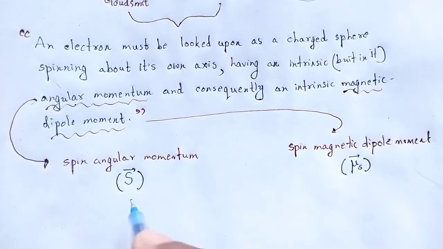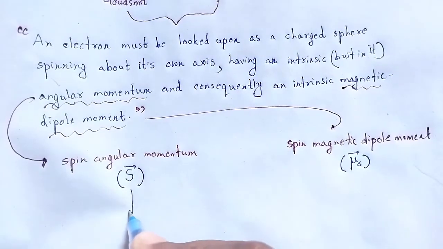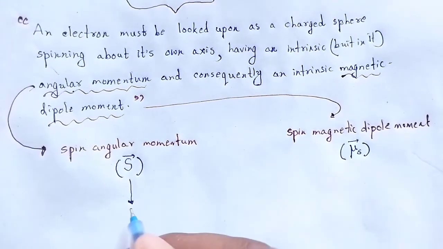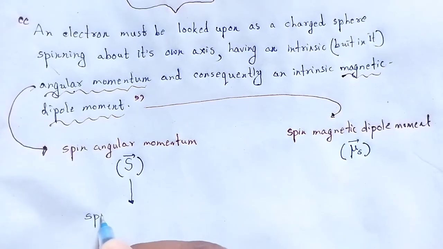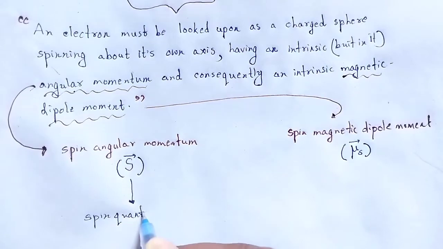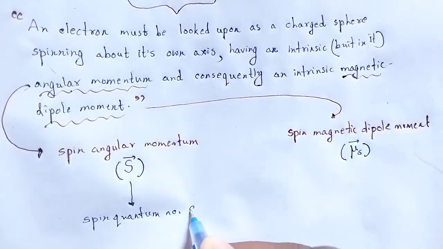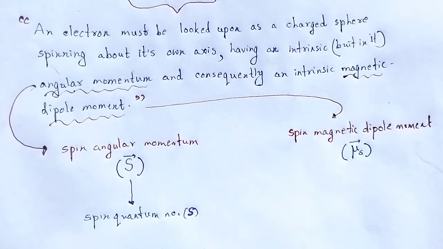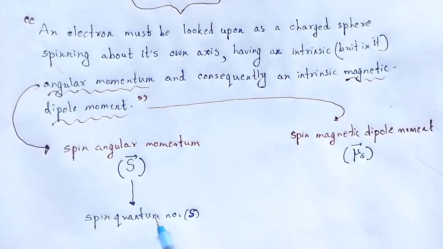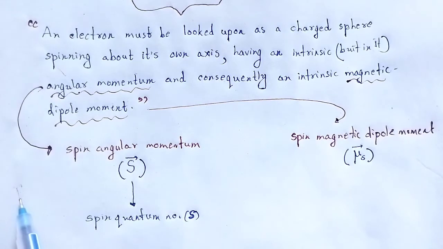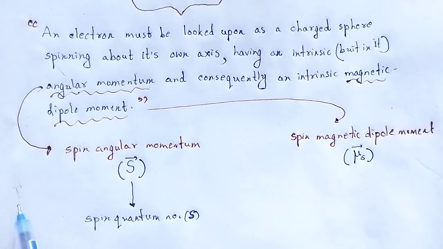The spin angular momentum is associated with the spin quantum number, that is small s. As previously we discussed, the angular momentum L vector is associated with the orbital quantum number small l.